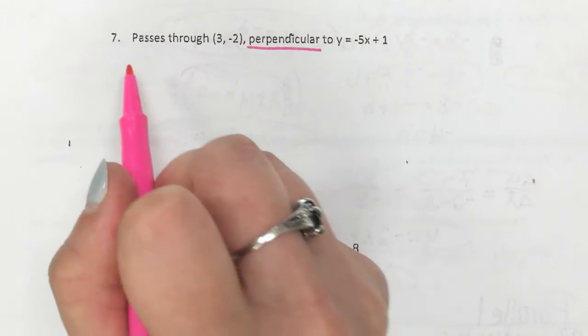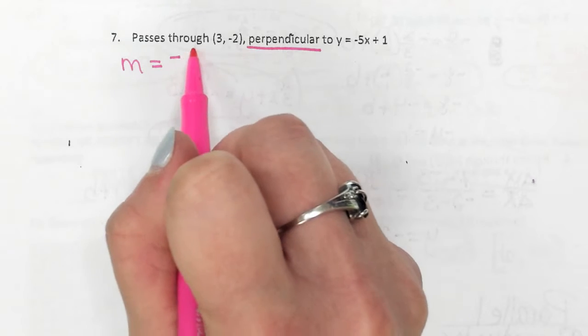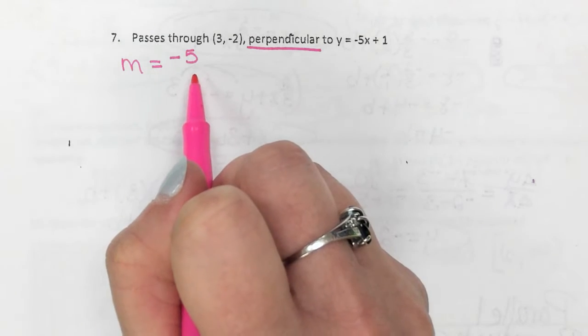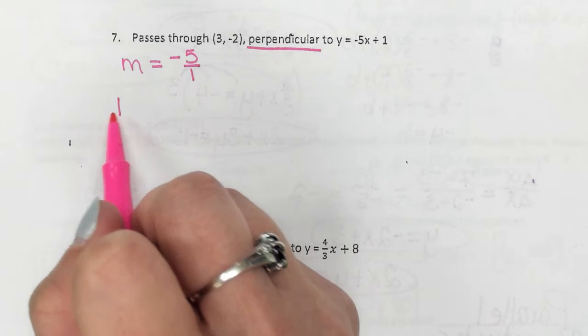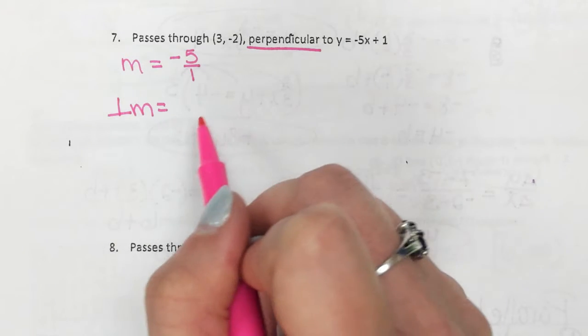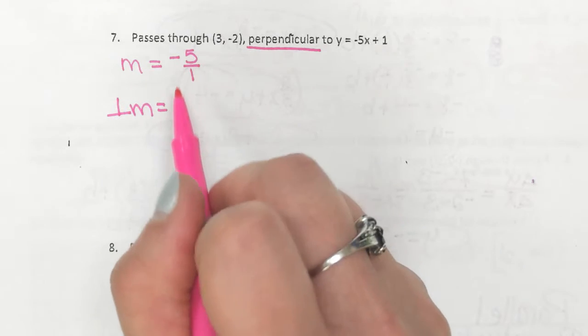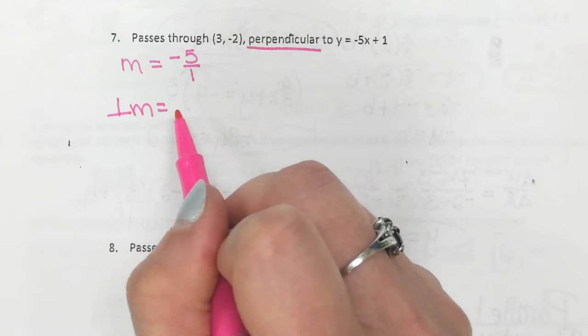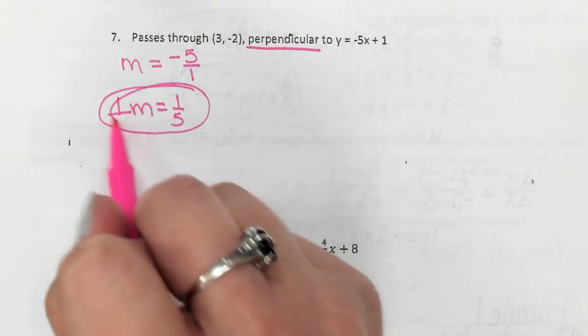So what is my slope to begin with? -5. To make it a fraction, you put it over 1, because the perpendicular slope was the opposite sign. What's the opposite of a negative? Positive, and then you flip that sucker upside down, and what do you get? This is the one that you use.